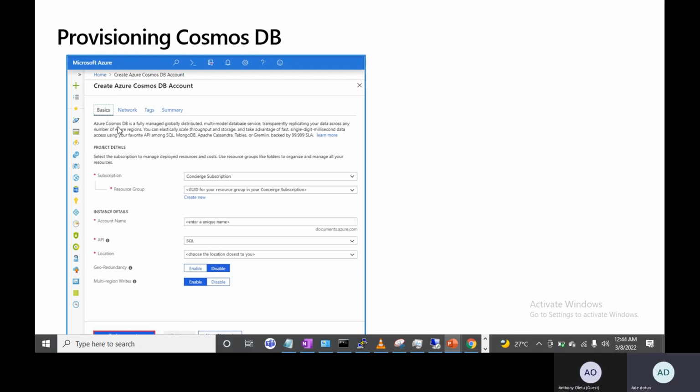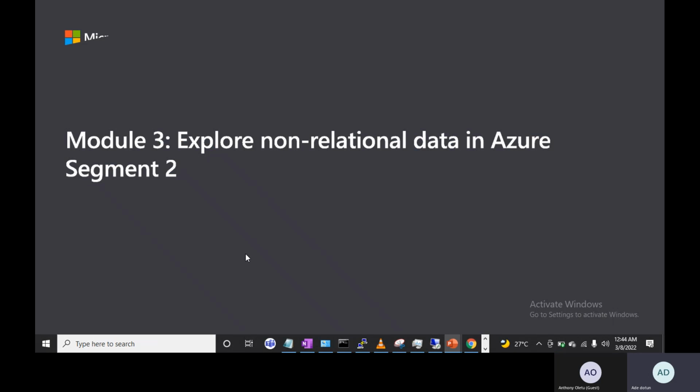Look at this statement. Azure CosmosDB is fully managed, globally distributed, multimodal database service. What they use here is old. This particular interface is old. When we were deploying our own the other time, I showed you the statement exactly.